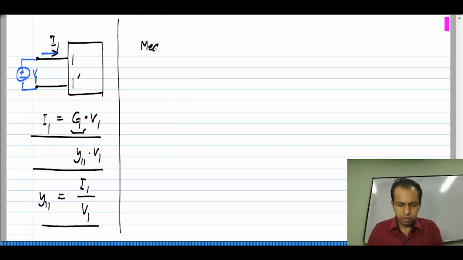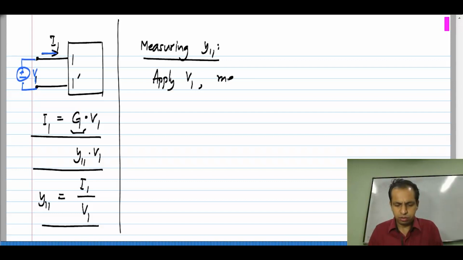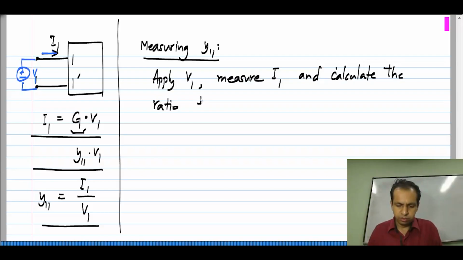So, how do you do this? You apply V1, measure I1, and calculate the ratio I1 by V1.